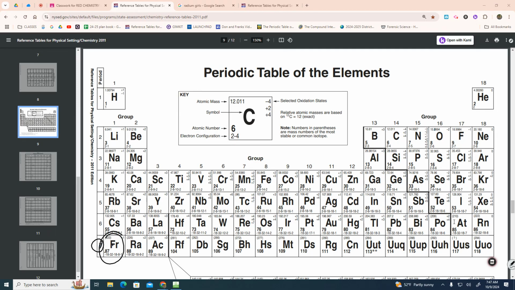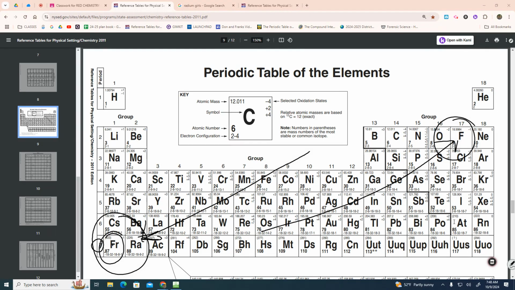What happens to the reactivity as you go this way? More reactive. What happens to the reactivity as you go this way? More reactive, okay? But for different reasons. Here, we are the most reactive because we are losing electrons. Here, we are more reactive because we are gaining electrons.